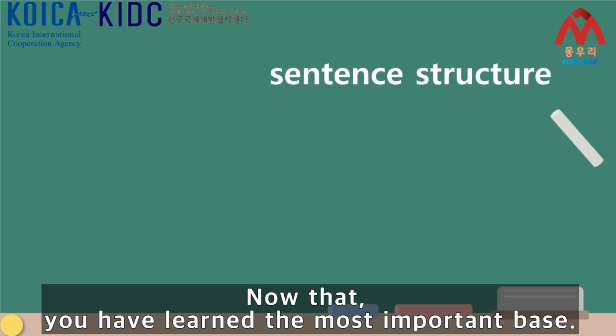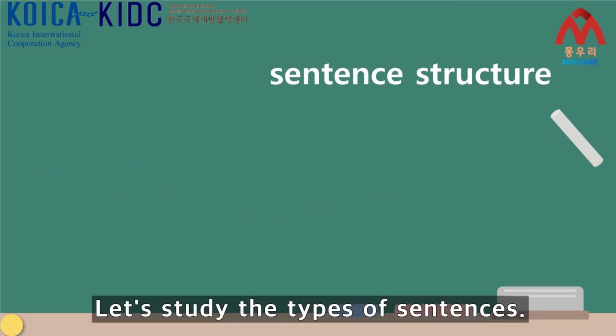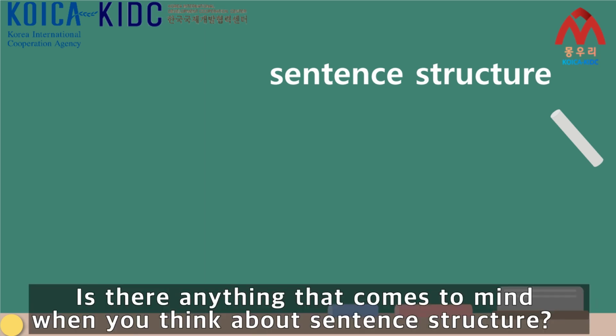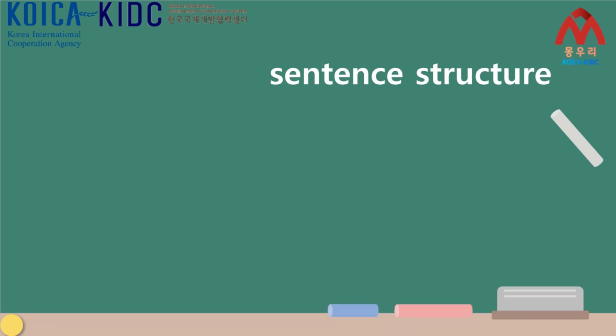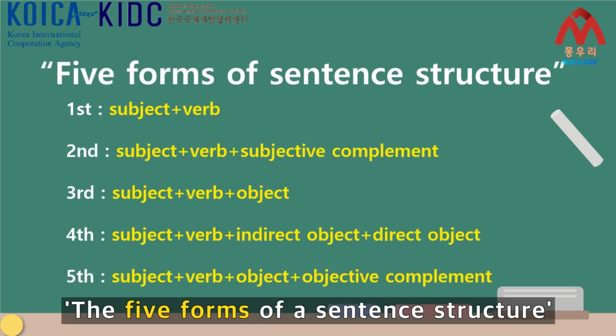Now that you have learned the most important base, let's study the types of sentences. Is there anything that comes to mind when you think about sentence structure? Maybe it is the 5 forms of sentence structure.